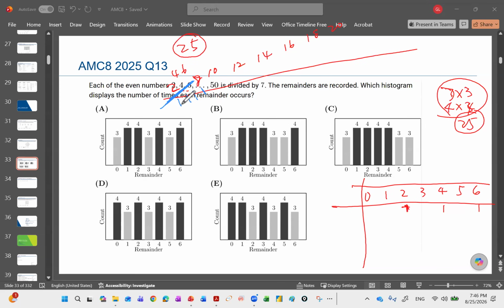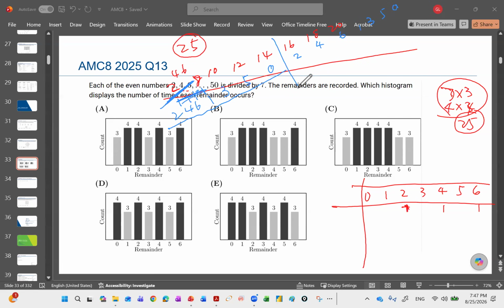So I will record it in different ways: 2, 4, 6, and then here 1, 3, 5, and 0. Did you find the pattern? 2, 4, 6, 1, 3, 5, 0. What about next? 2, and then 14, right? And 2, 4, 6, 1, 3, 5, 0. It looks like this kind of pattern.